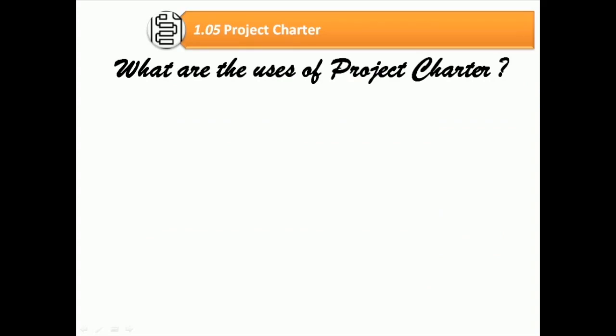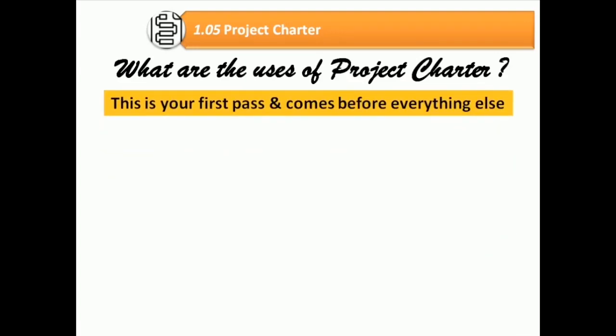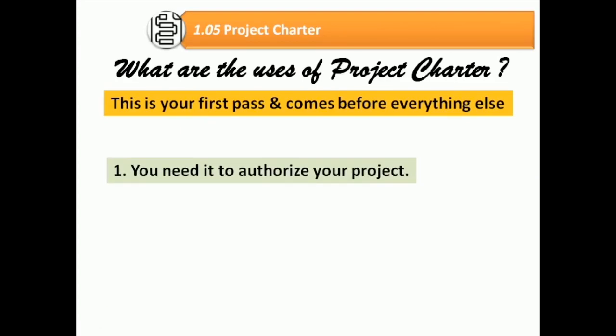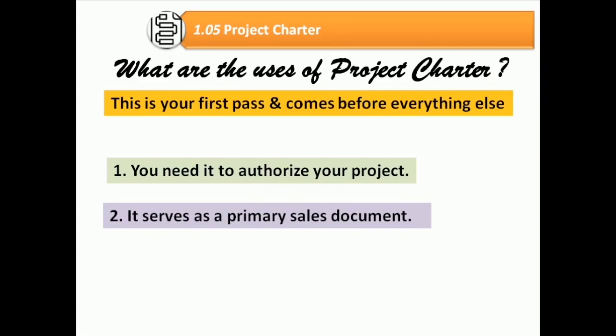Let's look at what the uses of a project charter are. Project charter is the first pass and comes before everything else. You need it to authorize your project. It's a formal document that is required to give you approval that you can now start the work on the project. It serves as a primary sales document. Basically, the project charter has the objectives, the constraints, the scope, the risk, the benefits, and the cost.